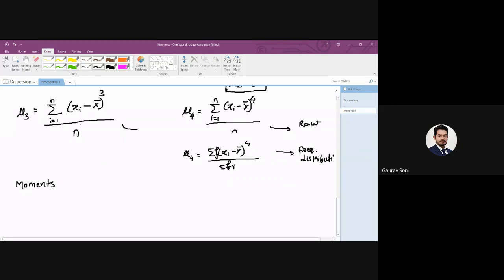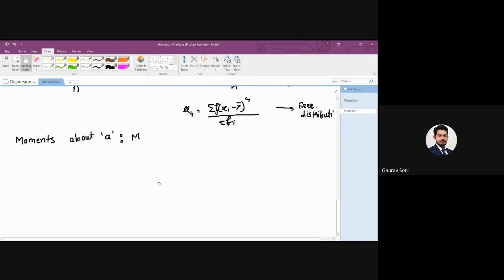So moments about A. This A is also called the assumed mean. Suppose A is a mean and I am doing the calculations. So this is also called the moments about the assumed mean.